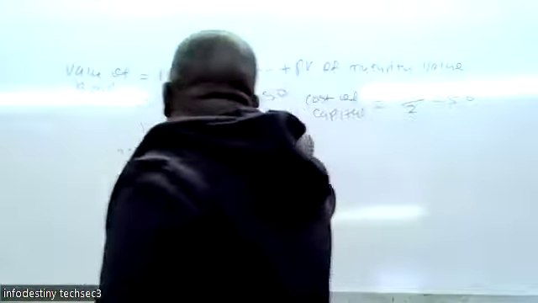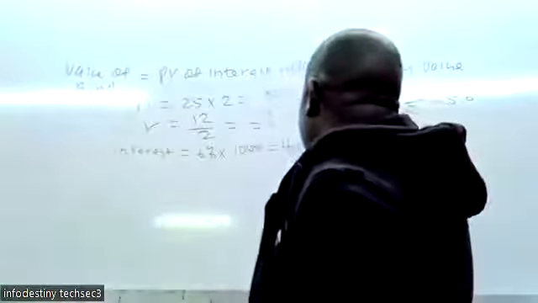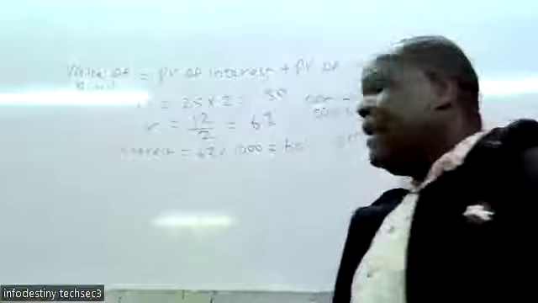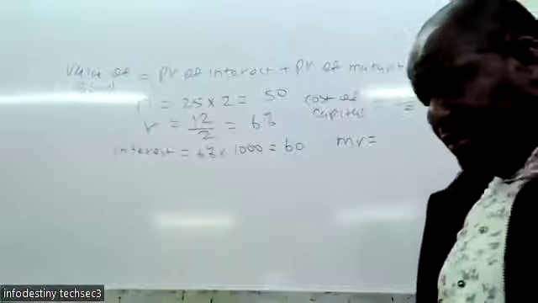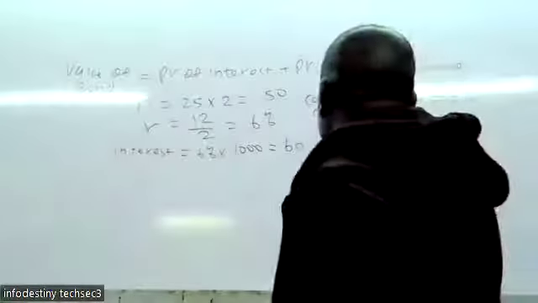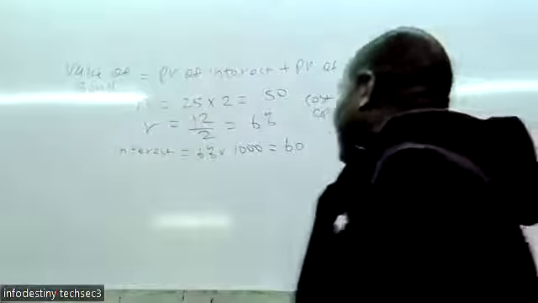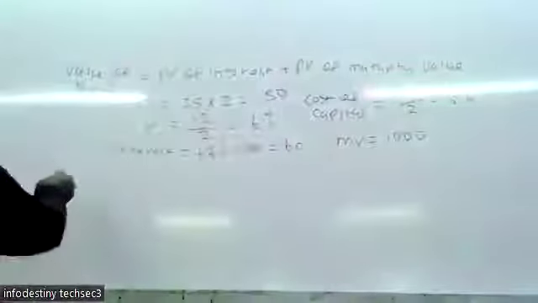Should be 60. Then maturity value, unless otherwise stated, is the same as the par value, which is 1,000.